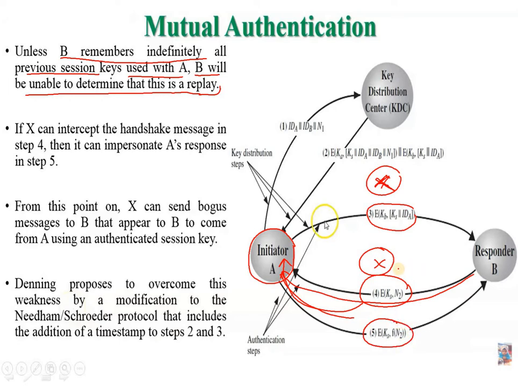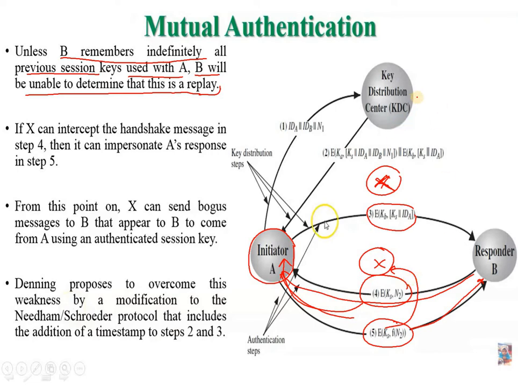Again, what this opponent will do is, again he will copy this message, and after some time he will share the message to B. Now B again thought that this message is from A only. Actually it has been sent by opponent X. So like this opponent X will play the role like initiator also, will play the role like responder also.